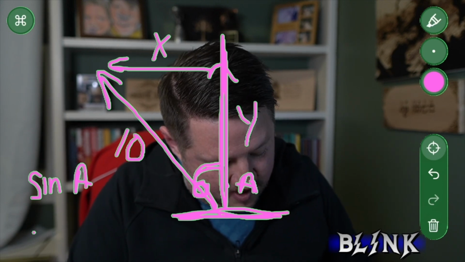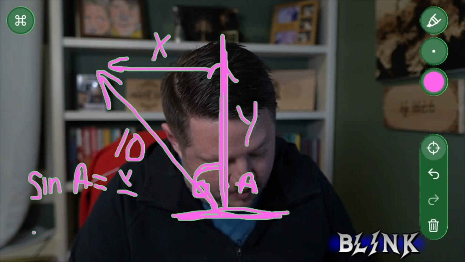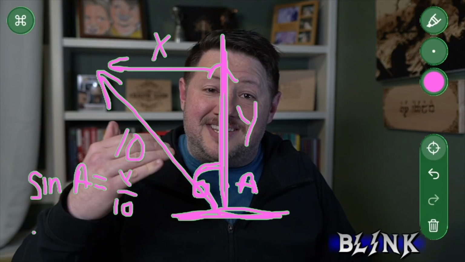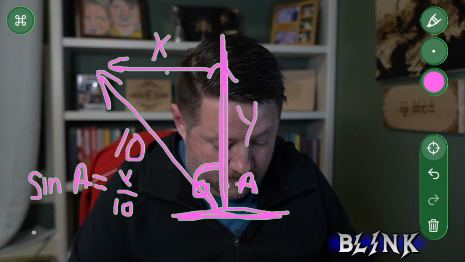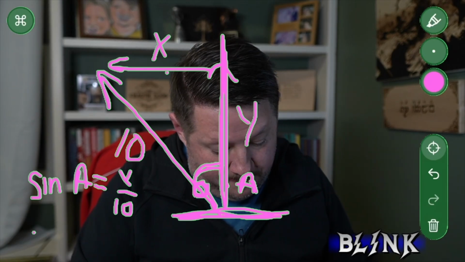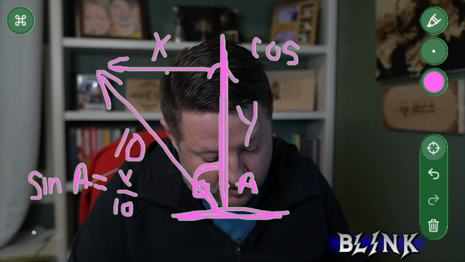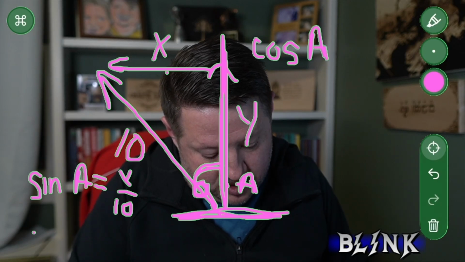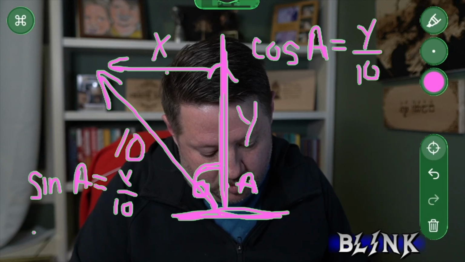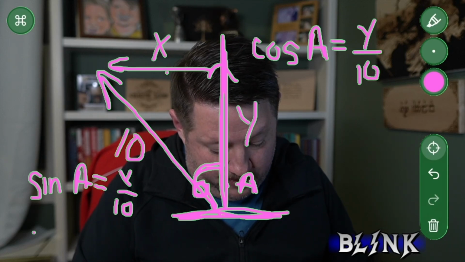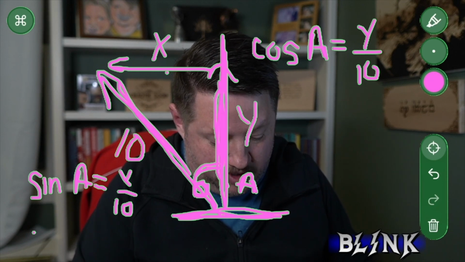The sine of A equals x over 10, because sine is opposite over hypotenuse. And then the vertical component is going to be a cosine. Cosine of A equals adjacent over hypotenuse.